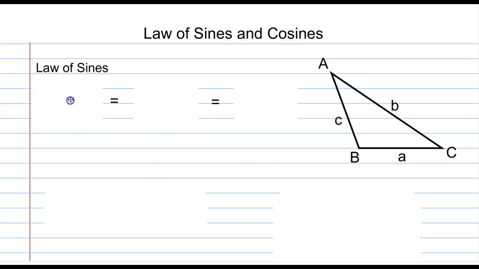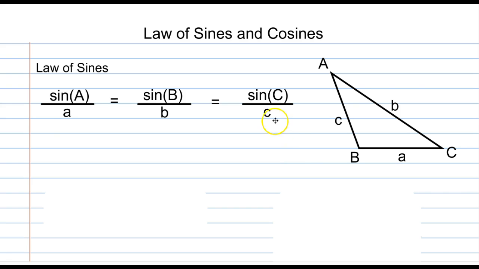So law of sines starts with this. Suppose you take the sine of angle A and put it over the side length that's across from it, then that will be equal to the sine of angle B over the side length b, and that's going to be equal to the sine of C over the side that's across from angle C. So I've got three fractions here, and I want you to notice that on the top you're taking the sine of the angle, and on the bottom, the denominator, you've got the actual length of the side across from that angle.